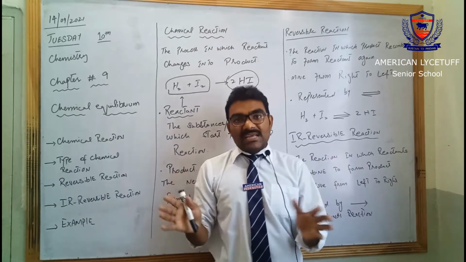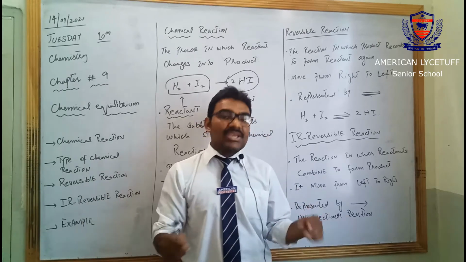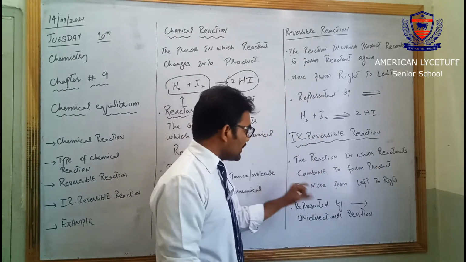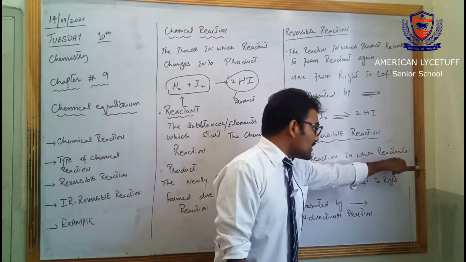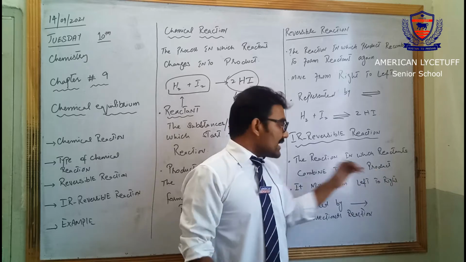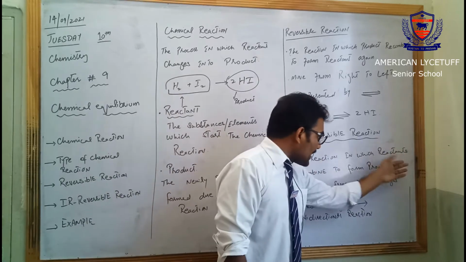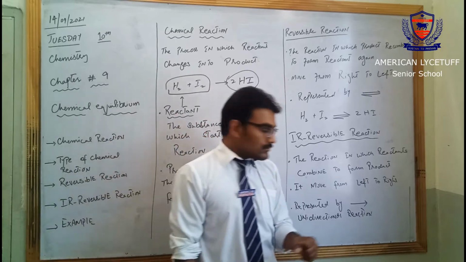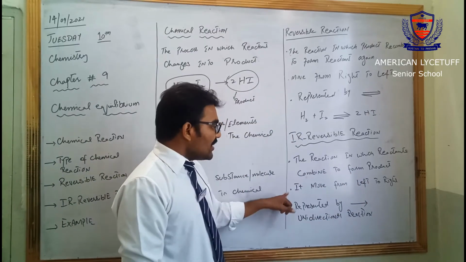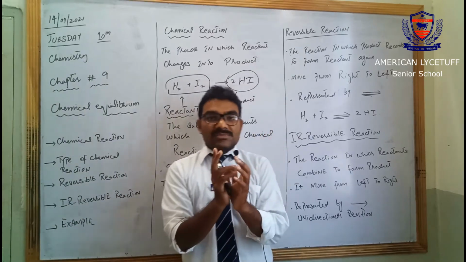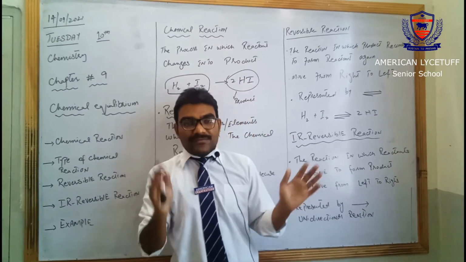Now, an irreversible reaction is a chemical reaction which cannot be reversed. So the definition: the reaction in which reactants combine to form the products. The second point is that it moves from left to right. These two terms, left to right and right to left, are very important.